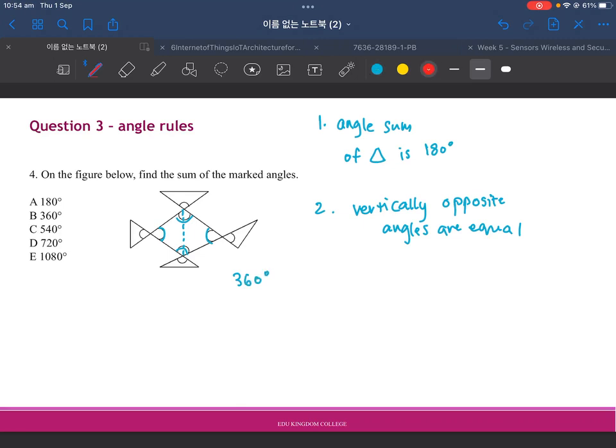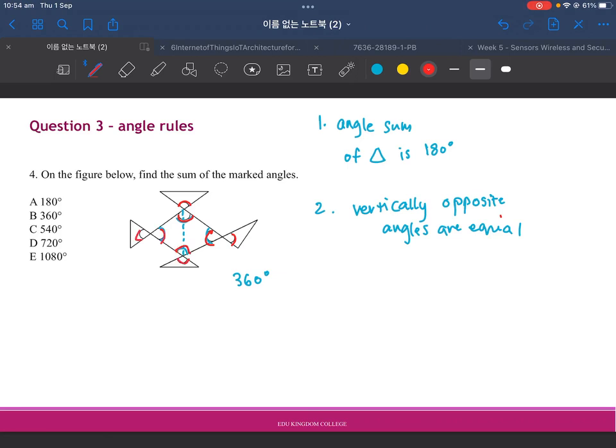Then let's have a look at the angles outside. This angle is the same as this angle listed in red because vertically opposite angles are equal, right? Similarly, we have this angle equal to this, this and this, and this and this.